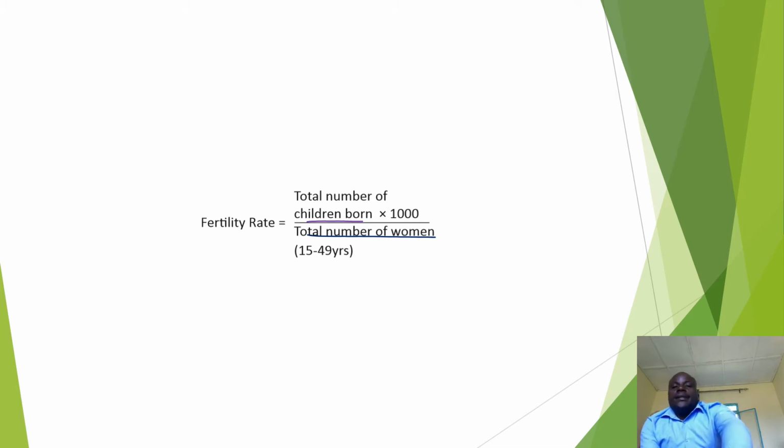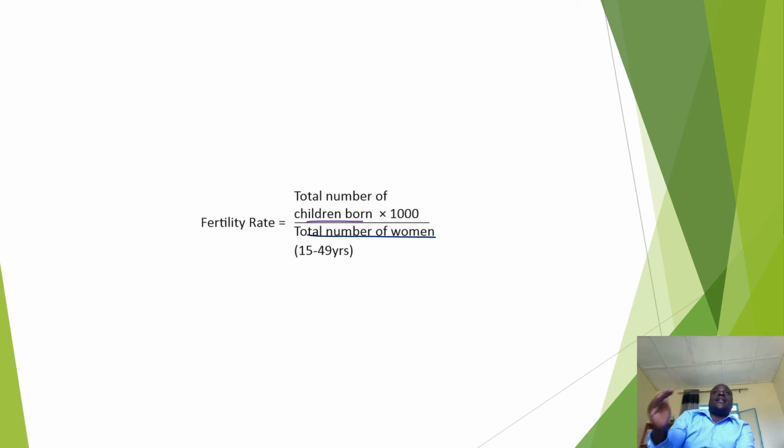And these women must be between the range of 15 and 49 years, because not all women are able to produce. Not all females. This one I think excludes girls who have not reached the time to produce, and it also excludes women who have gone beyond their productive period.